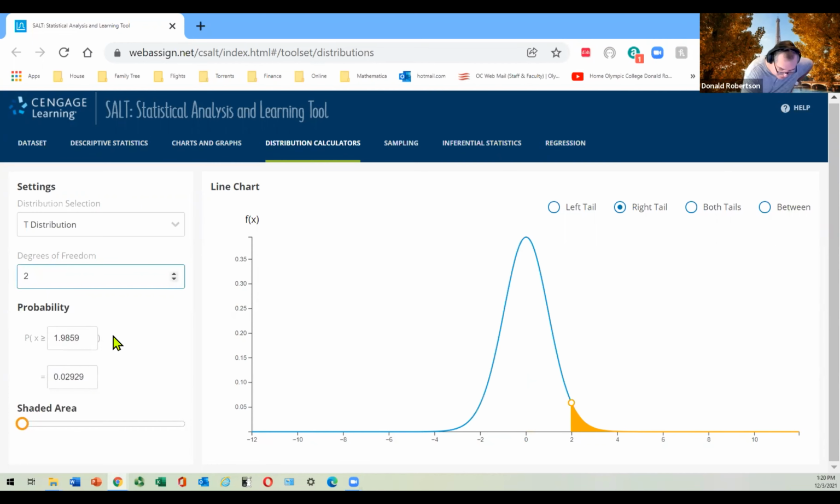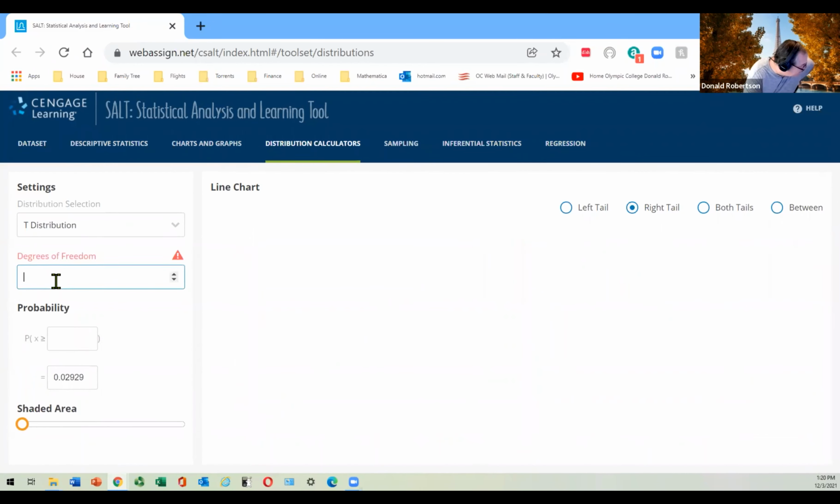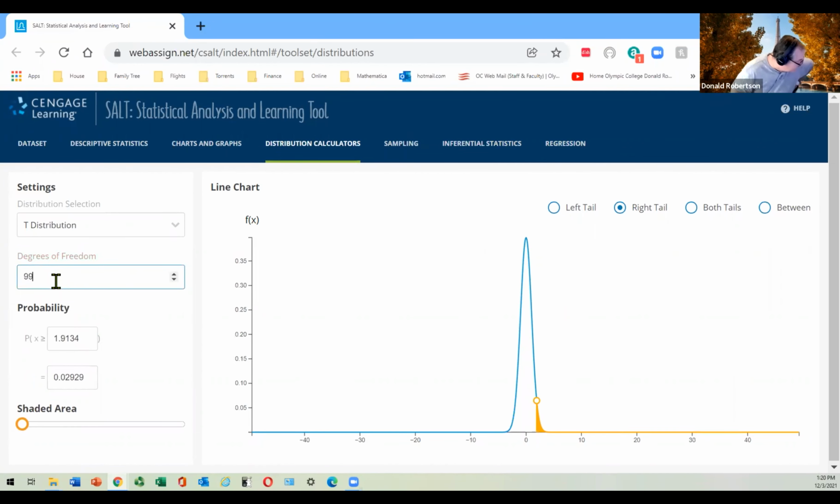Can we just pretend that it was 200? Right. 200. Do you see any difference in that answer? Not anything significant. Suppose it was 99 then. Well, I have to change this one a little bit.